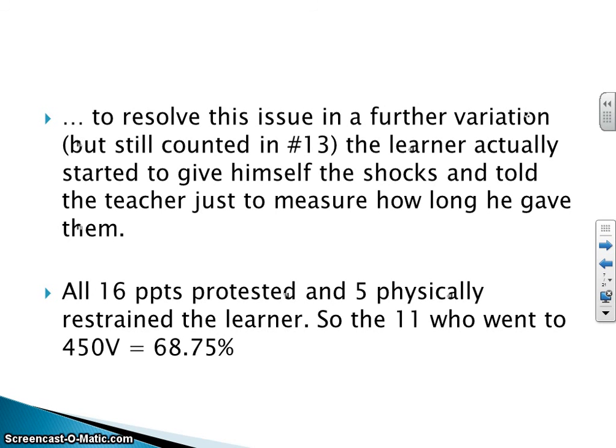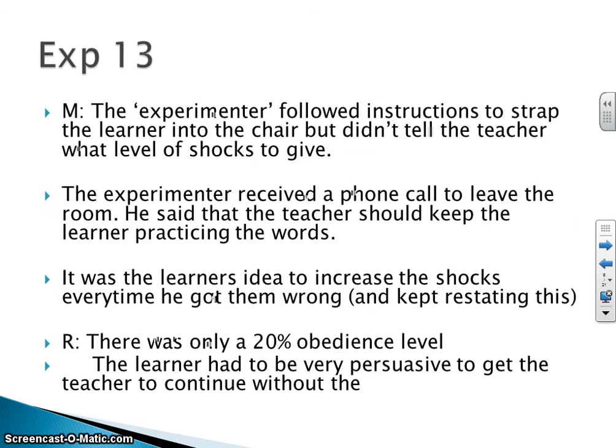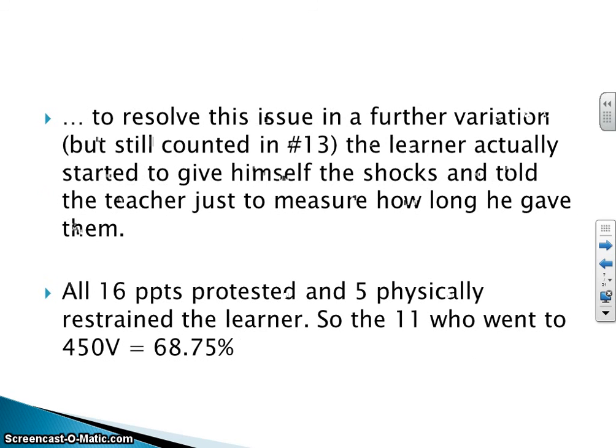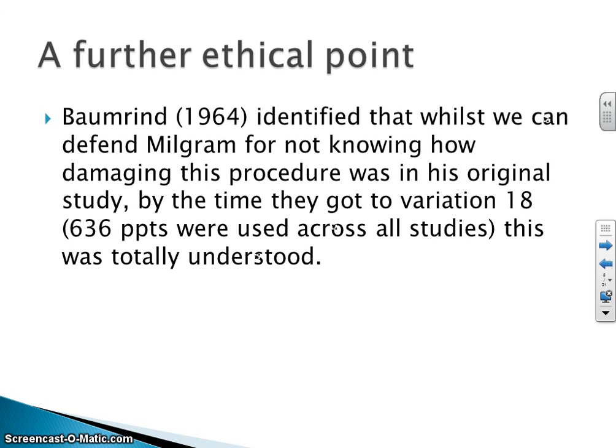So 11 went to 450 volts. That's 68.75%. And that is partially because they don't have to do anything. Since they were removed and it wasn't them having to give the electric shocks, we get kind of a baseline of what percentage would be happy seeing people get electric shocks, things like that.